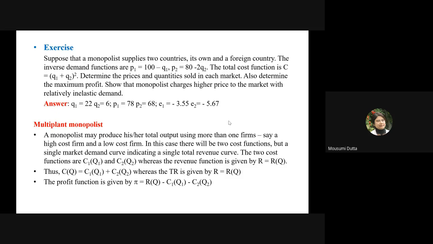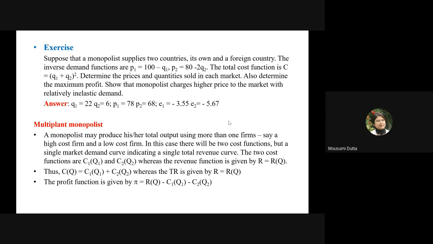That total marginal cost will be equated to the unique marginal revenue curve, and that will determine the total output produced. Once the total output is produced, the second question is, how much will be produced from plant 1 and how much will be produced from plant 2? This question is coming.